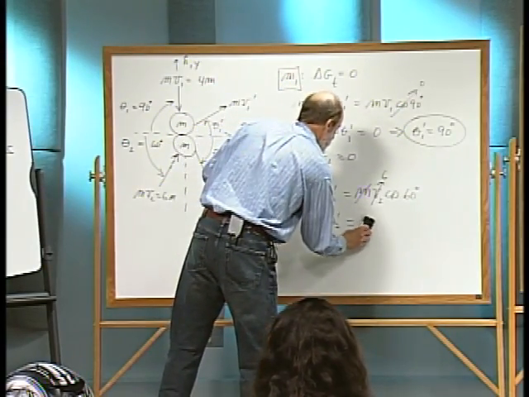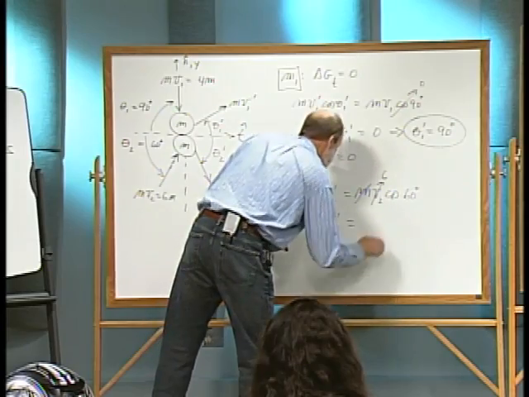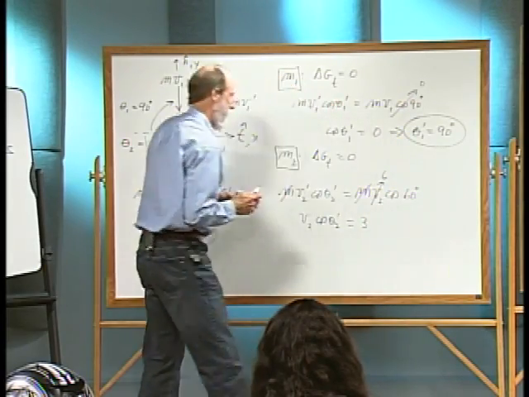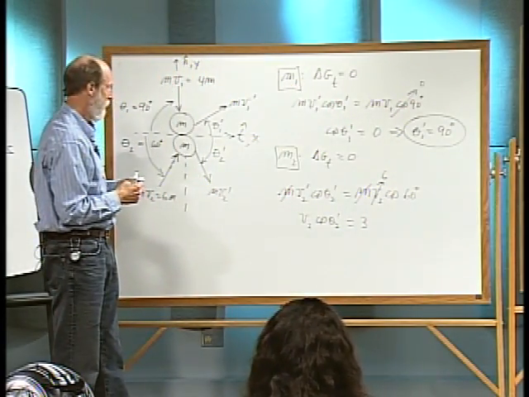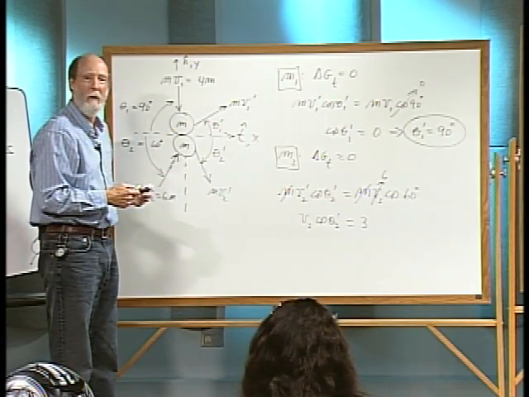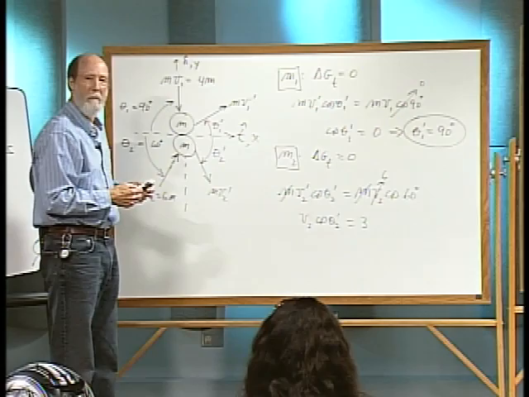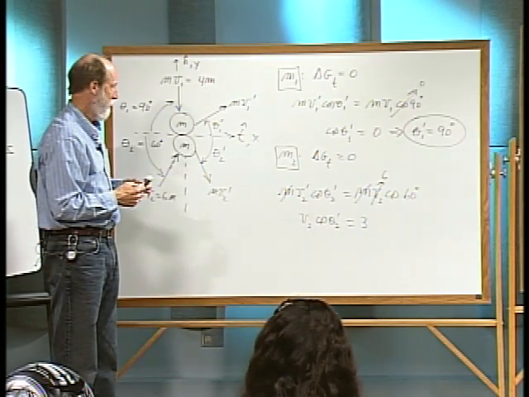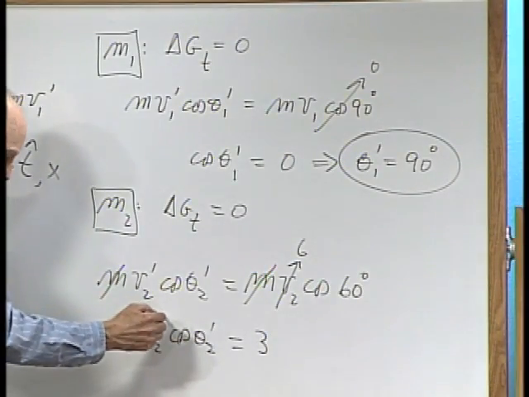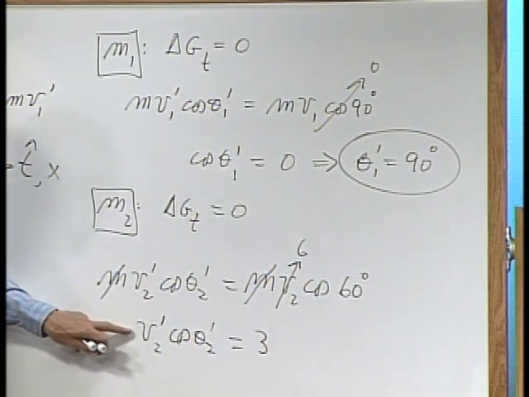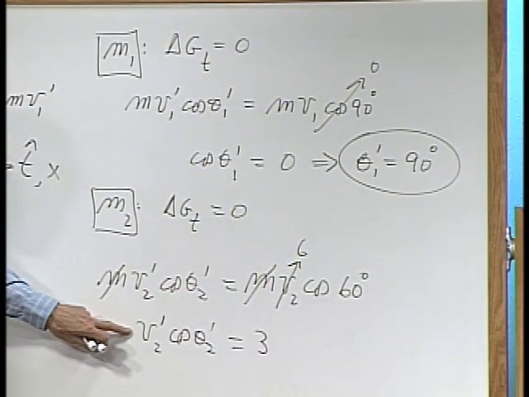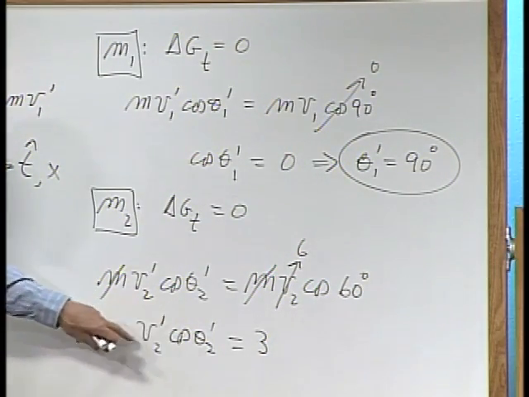So that's going to be equal to 3 over here. V2 prime cosine theta 2 prime. Right. You're missing a prime. Oh, right here. Thank you. V2 prime. Okay. So we have two unknowns sitting right there.